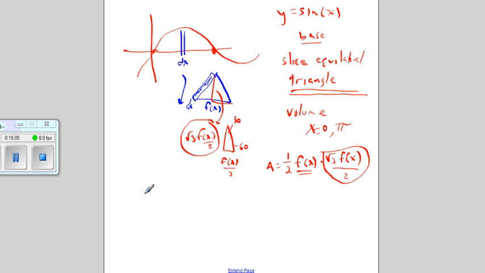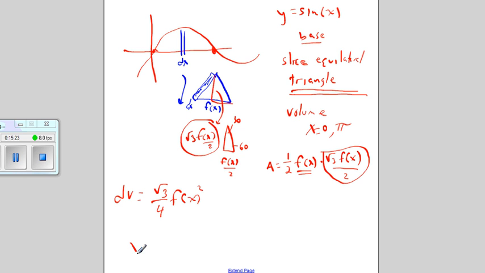And so simplifying that, and adding the volume piece, a little chunk of volume is root 3 over 4 f of x squared, where f of x is sine of x.